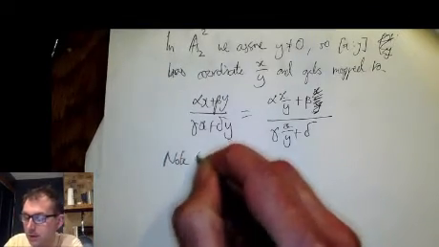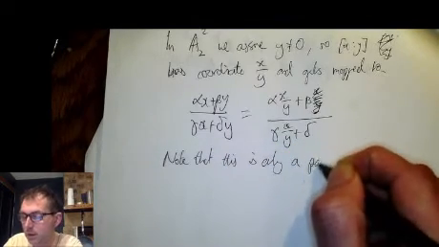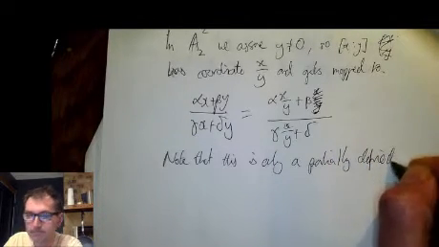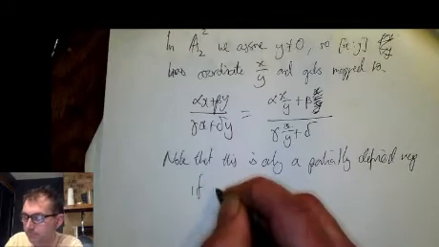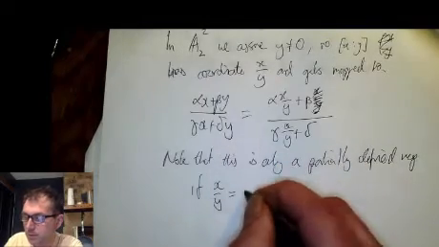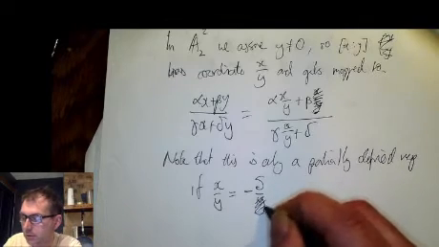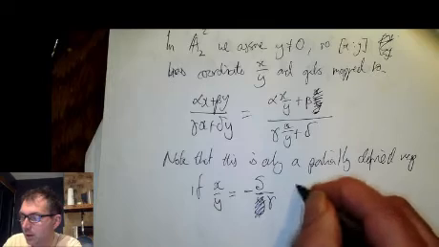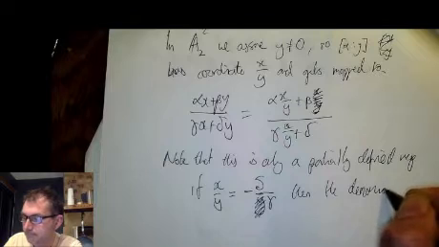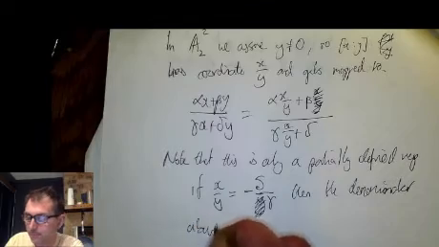So note that this is only a partially defined map. So if x over y is equal to, we want this to be 0, so minus delta over gamma, then the denominator above is 0.